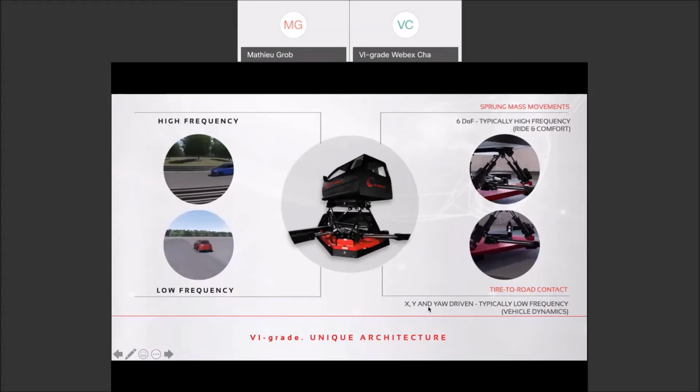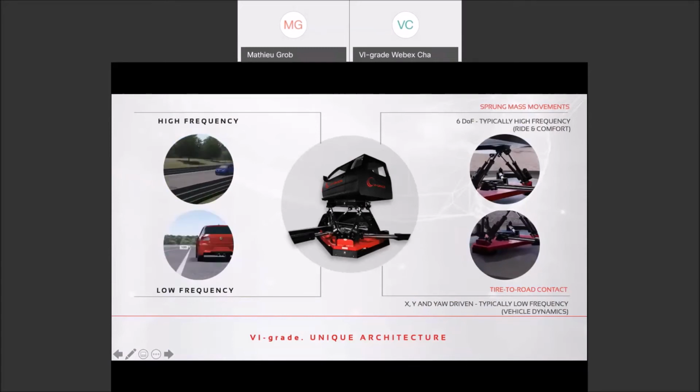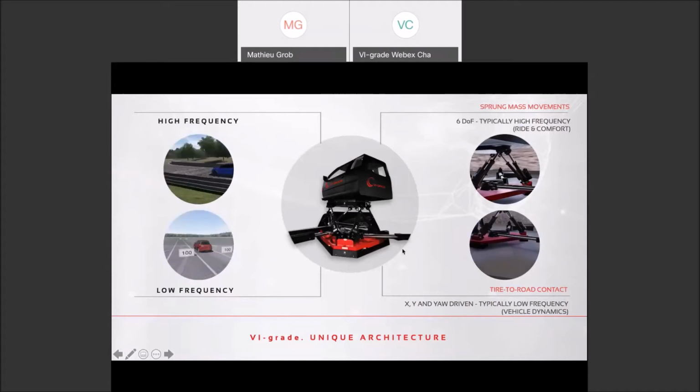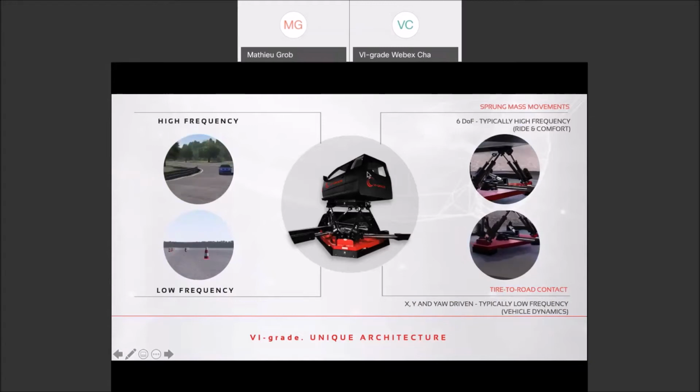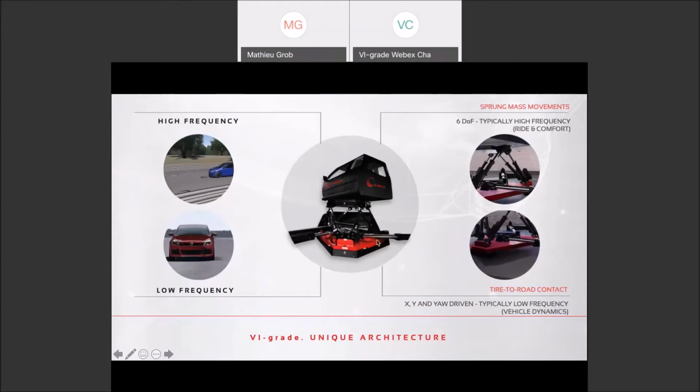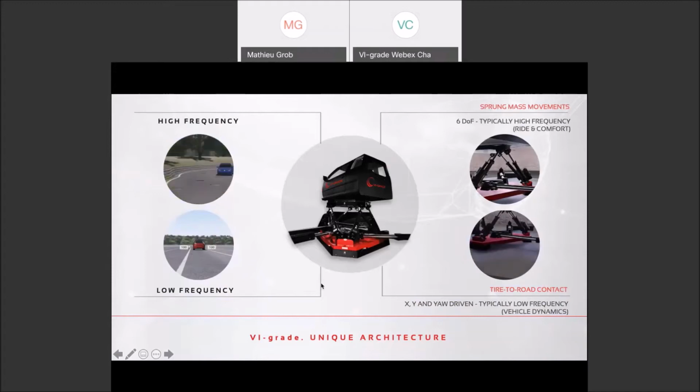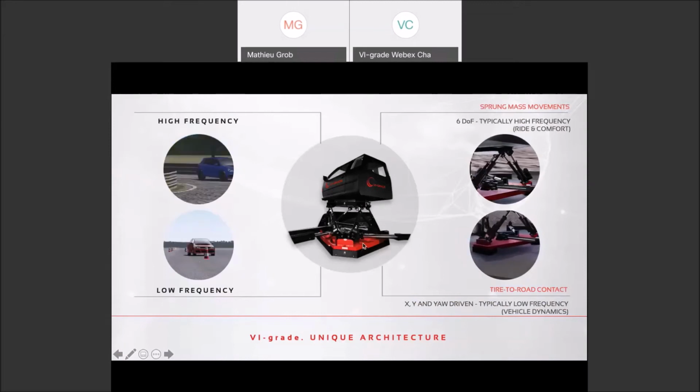Also, as you can see, we have 3 degrees of freedom on the tripod lower stage and 6 on the upper stage. So we have redundancy of degrees of freedom, especially for X, Y, and yaw. It allows a separation between a quick reaction of the upper stage, which will give you very quick kicks on very high dynamics maneuvers for X, Y, and yaw, and then the temporal feeling of the acceleration with the lower stage for the same degrees of freedom, without saturating the hexapod.